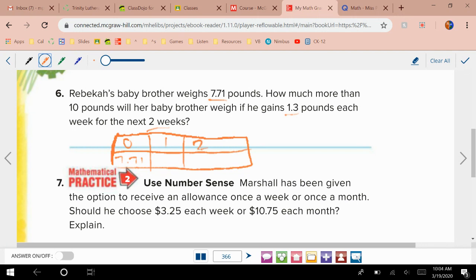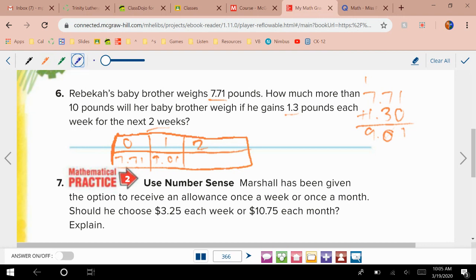All right, so 7.71 plus 1.3, and we can add that 0. So add straight down. It's 10, carry the 1. All right, 1 plus 7 is 8, plus another one is 9. So week 1 is going to weigh 9.01. Now that's rough to read, so you'll just have to be listening to what I say here, and I'll try and do my best to make it neater.